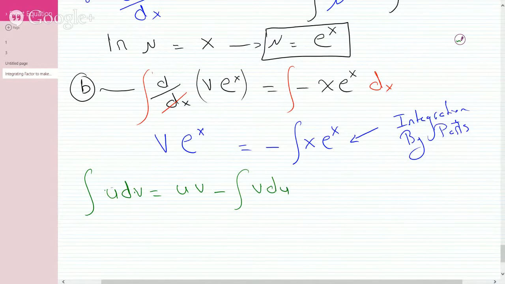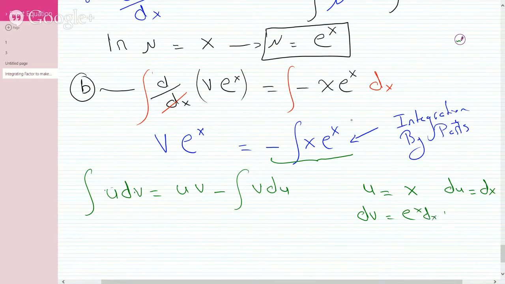Now don't confuse the Bernoulli's v with the integration by parts v. Those are two different things. So for this one we will do integration by parts. So then u will equal x, which means du will equal dx, and dv will equal e to the x dx, which makes v equal e to the x.